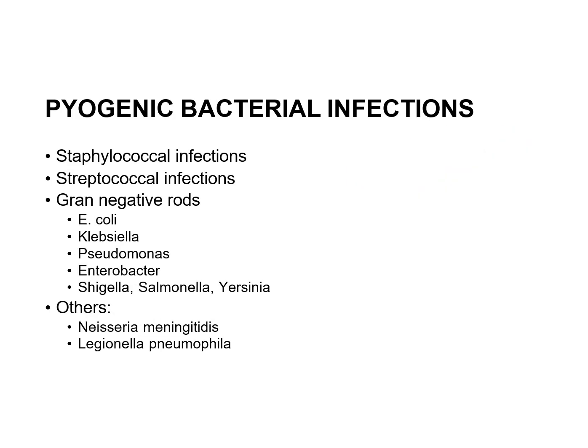Pyogenic bacterial infections are characterized by pus formation, which consists primarily of dead neutrophils, bacteria, and necrotic tissue debris. Some common causes include staphylococcal infections, streptococcal infections, gram-negative rods such as E. coli, Klebsiella, Pseudomonas, or Enterobacter, also Shigella, Salmonella, and Yersinia.